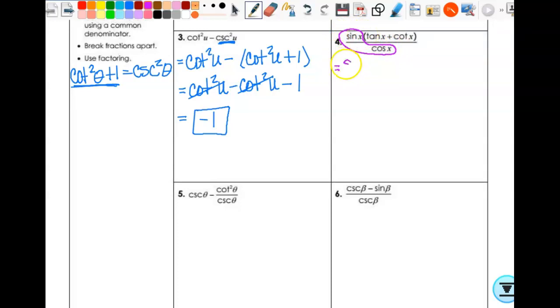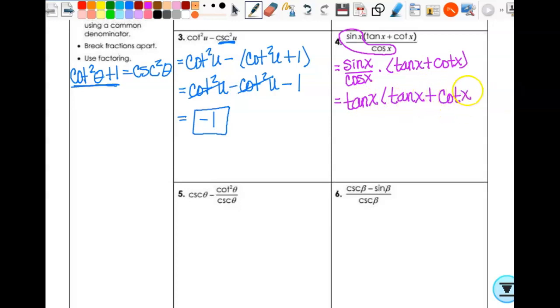And so I could rewrite it as sine x over cosine x times tangent x plus cotangent x. Isn't that the same thing? Okay. So instead of sine x over cosine x, I can make that tangent x times tangent x plus cotangent x.